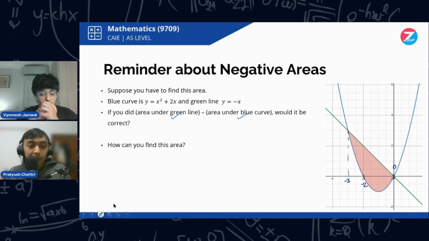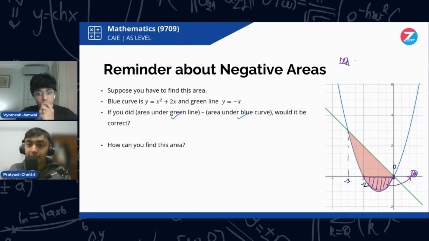And the method I'd prefer here is I would find this area, and that would just be for the blue curve. I'll write in purple, up here in a purple box.